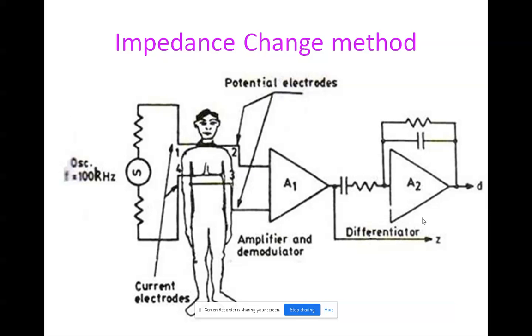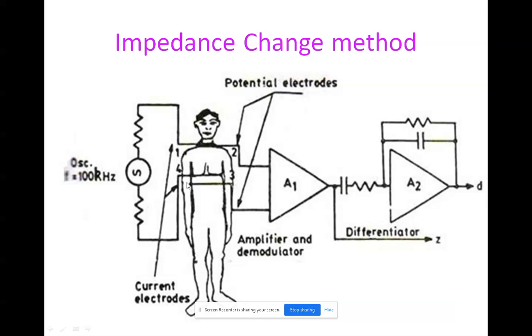On looking at the diagram, you will see four electrodes used to find out the impedance change.